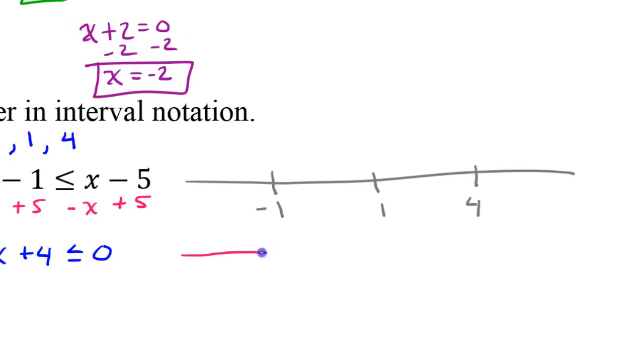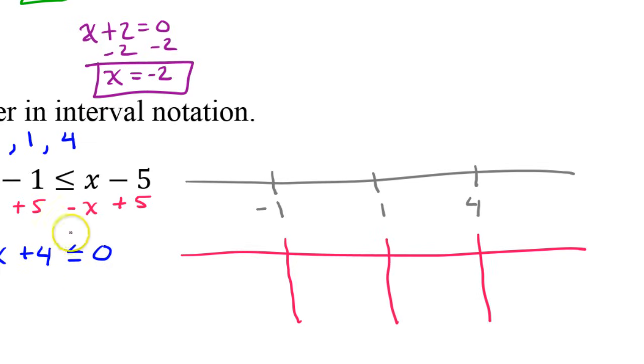And I like to make a little table of values, organizing my work. So I need a test value in each zone. By the way, this is less than or equal to, so these will be closed circles at the boundary points, because these are the places where it will equal 0, and we want to include or equal to 0, so we're going to fill them in.